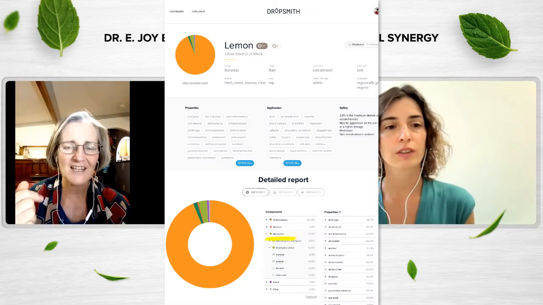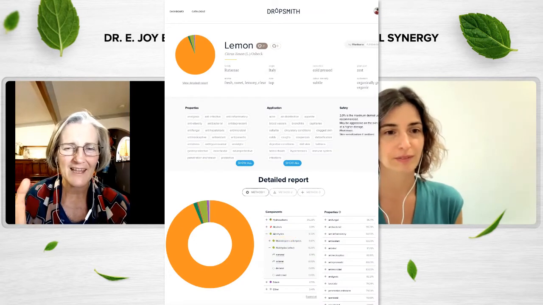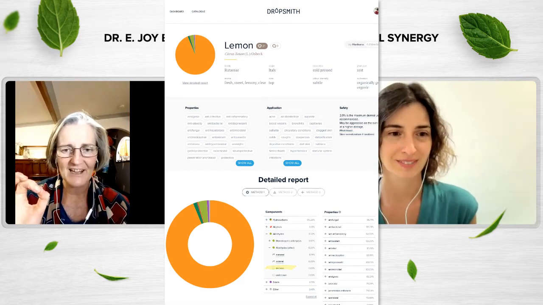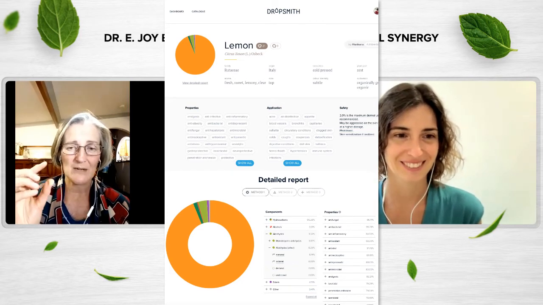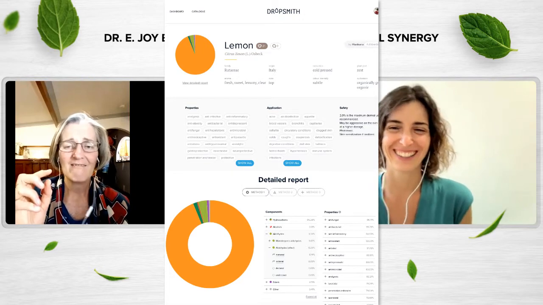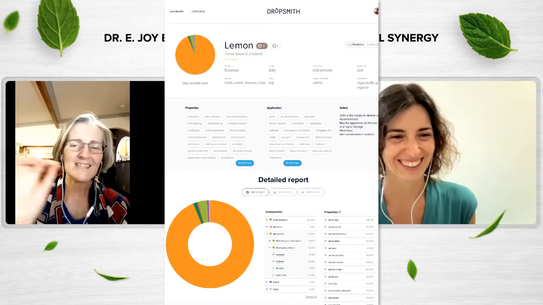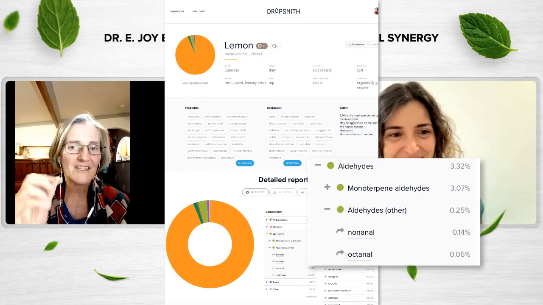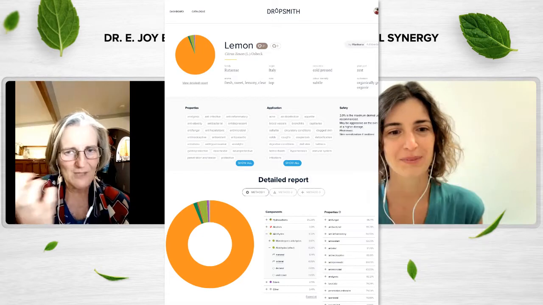Say aldehydes, like in the citrus oils, you've got nonanal and decanal. If you smell those in a bottle, they are revolting, nasty smells, really horrible. But I think they're less than 1% in those citruses, and they just add that sort of citrus peel smell.